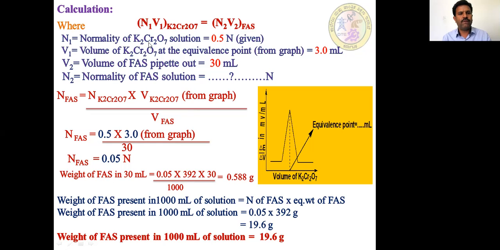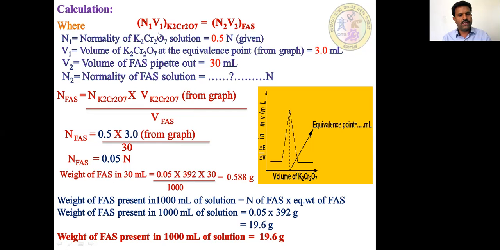N1 is the normality of the dichromate solution, that is the standard solution, 0.5 normal, and the volume of potassium dichromate solution consumed for the equivalence point, which we obtained from the graph, is 3.0 ml. And V2 is the volume of ferrous ammonium sulfate solution we pipetted out. I assumed it is 30 ml. We pipetted 30 ml here. And N2 is the normality of ferrous ammonium sulfate solution, which is to be calculated.